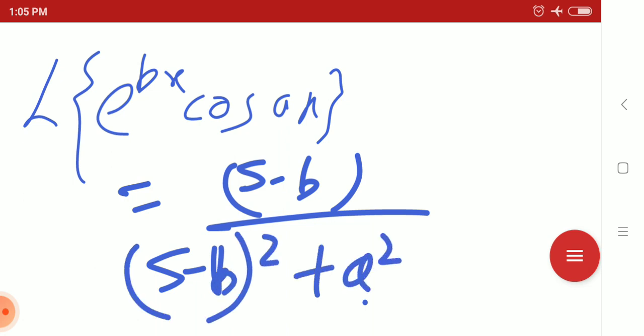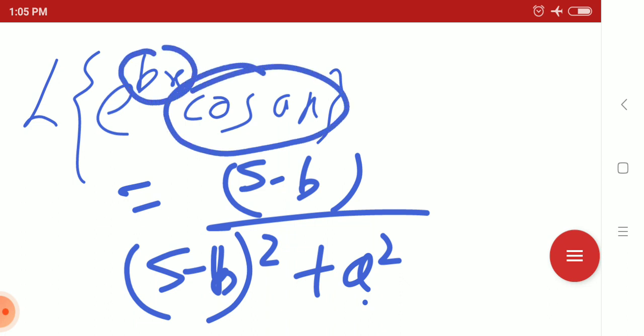The Laplace transformation of cos of ax was s by s square plus a square. Now for e to the power bx, s will be replaced by s minus b, and in the denominator also s will be replaced by s minus b.